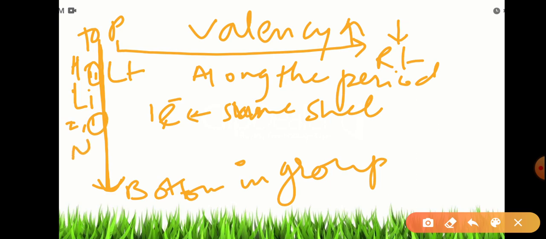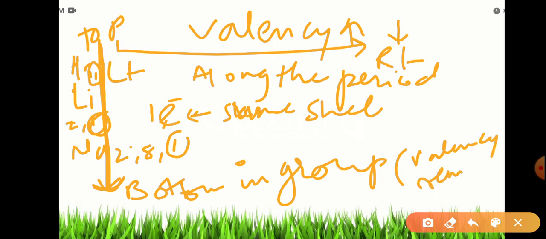Then next, sodium, whose electronic configuration is 2, 8 and 1. So from top to bottom, valency remains the same. In groups, valency remains the same. Okay, this concept is clear.